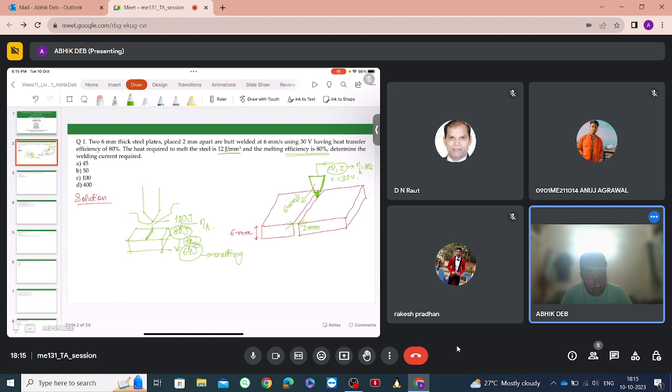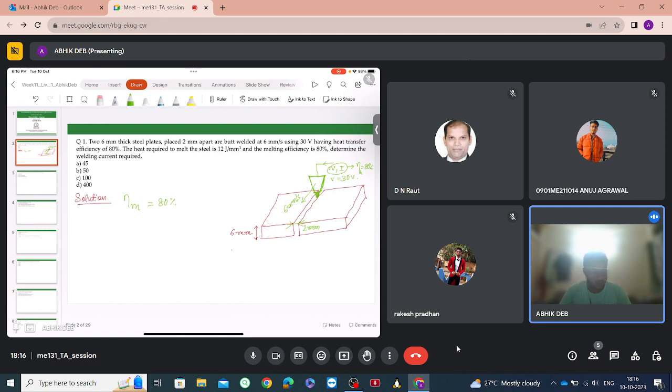This takes into account the losses of heat energy during the transfer from the welding torch until the melting of the base metal. So the melting efficiency is 80%.